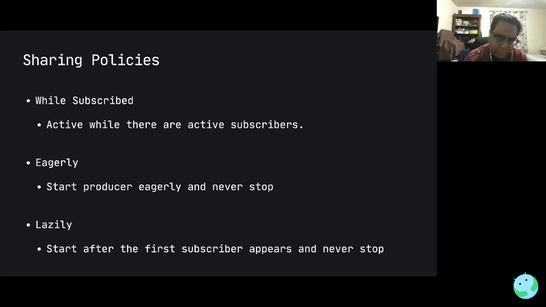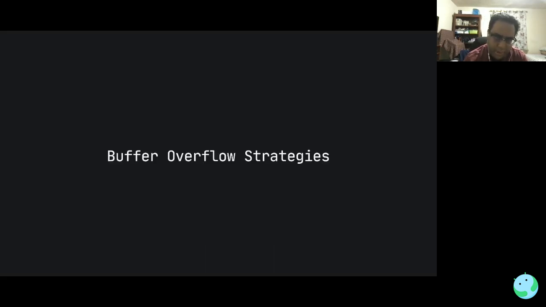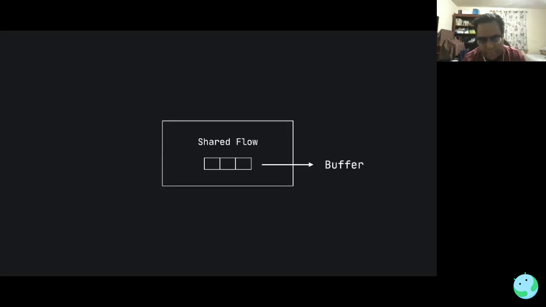The last thing I want to talk about is buffer overflow strategies. So what is this for? As I spoke about earlier, when you look at a shared flow, you could specify some capacity and how big it is.